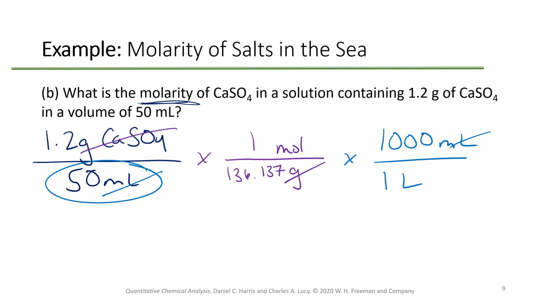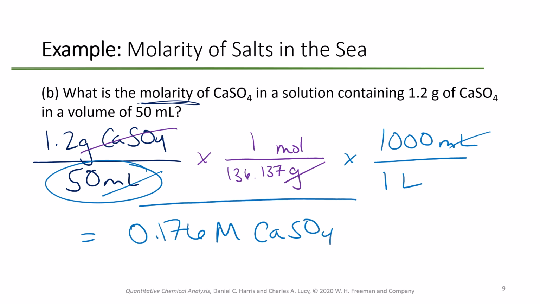We can type this into the calculator either by multiplying everything on the top by everything on the bottom, or going one at a time. All right, so when I plug everything in, I get 0.176 molarity CaSO4.